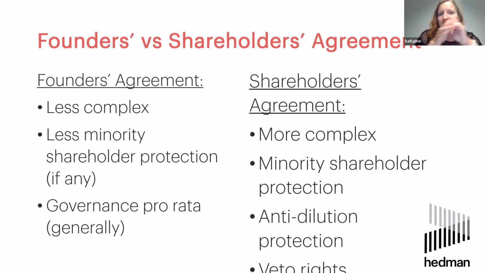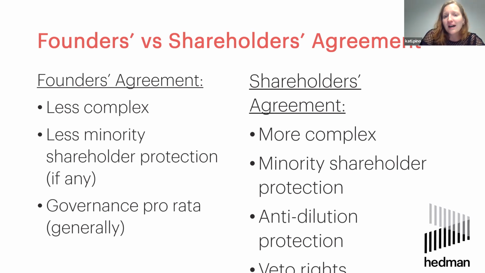In case of a shareholders agreement, there are more complex structures used. There is minority shareholder protection because in case of investors, they will become minority shareholders, so they can't really rule based on pro rata. So they require some kind of veto rights, even though they have fewer shares than the founders.